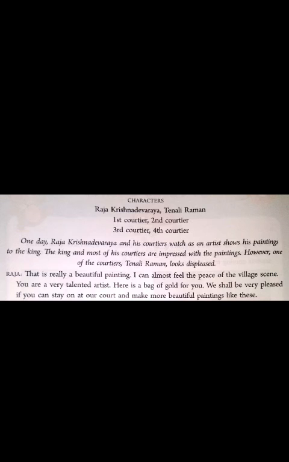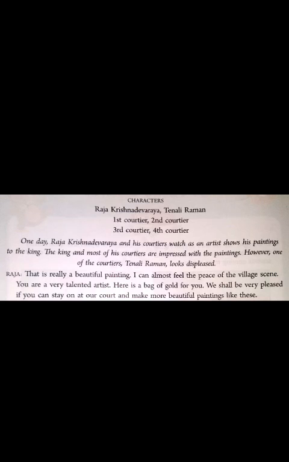One day in the court, the king and most of his courtiers were impressed with the paintings made by an artist, and he was showing his paintings in the court. But there is one person who is displeased, means unhappy.